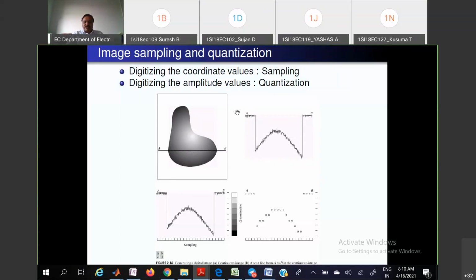So this is a one-dimensional view of one scan line of the image. That means if I move from left to right, from A to B, these would be the intensity levels, as you can see. Now there could be variation across this line. That means there could be small changes in the values. That is why there is a variation here, as you can see.